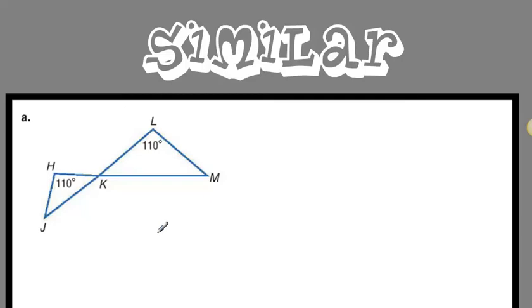The last example we're going to do, let's check if these two are similar. We know that angle L is congruent to angle H. They both say 110 degrees. Now, I have no clue if J and M are congruent, but I can tell that K is congruent because of our vertical angles. This angle and this angle match up. We know they're vertical angles.